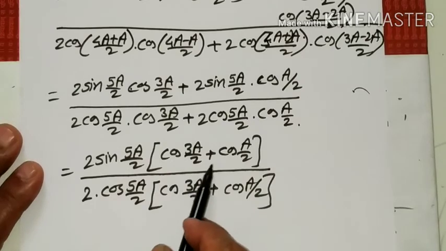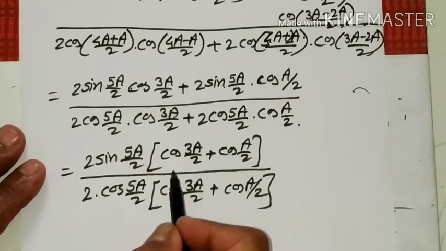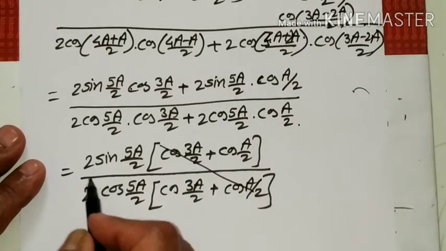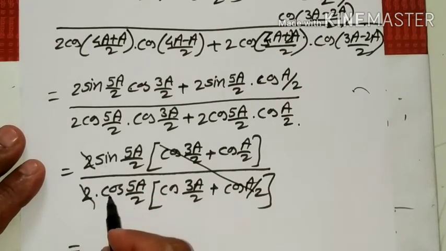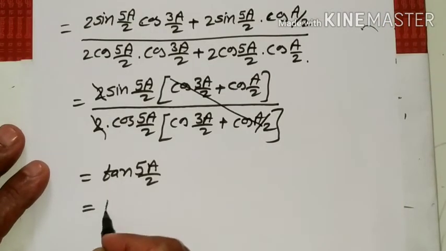Cos 3a upon 2 plus cos a upon 2 cancel from numerator and denominator. At the same time 2 gets cancelled. Sin upon cos represents tan. Tan 5a upon 2 is equal to RHS.